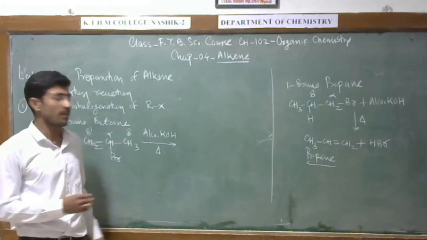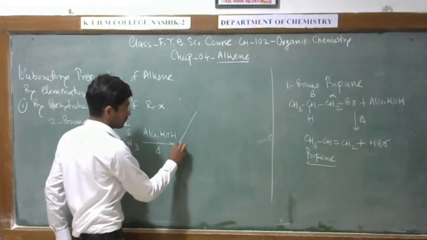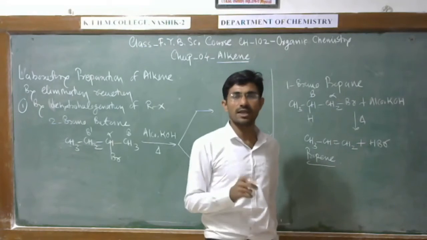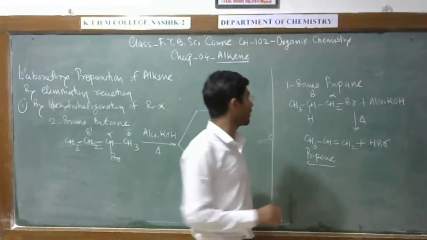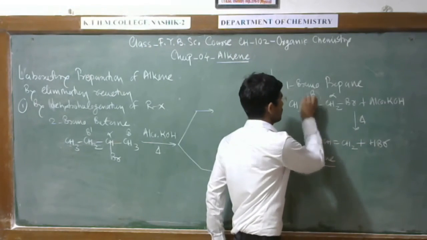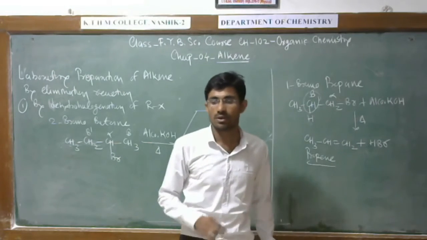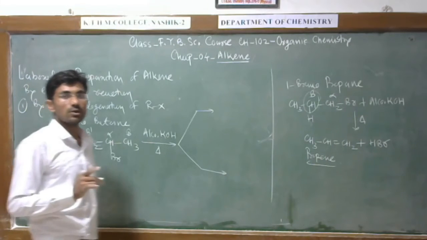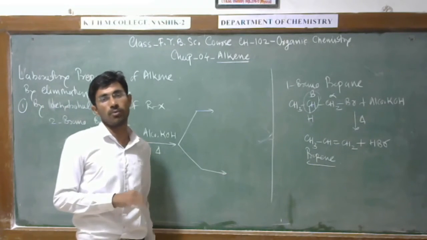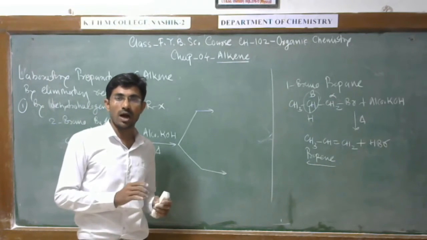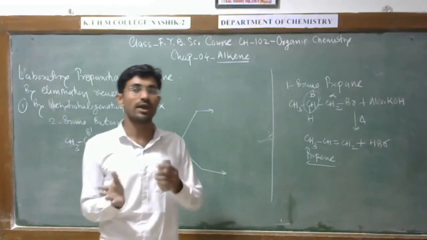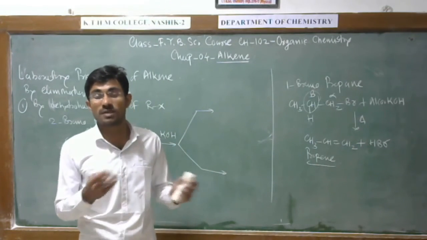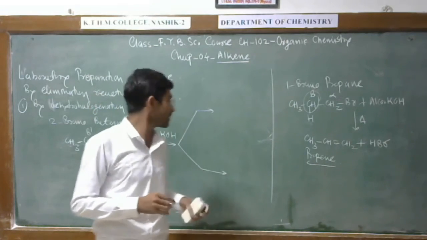So in this case what happens? In the first case we can observe only one type of beta hydrogen. Here, loss of both beta hydrogens is possible, and because of that we get two products. Which is the major and which is the minor, we have to decide here.